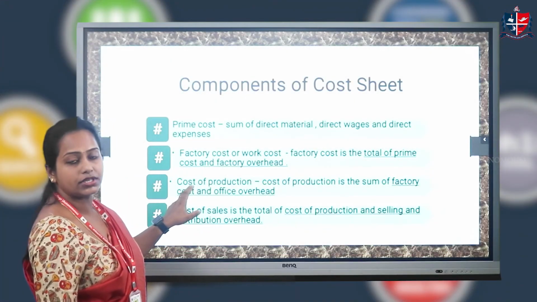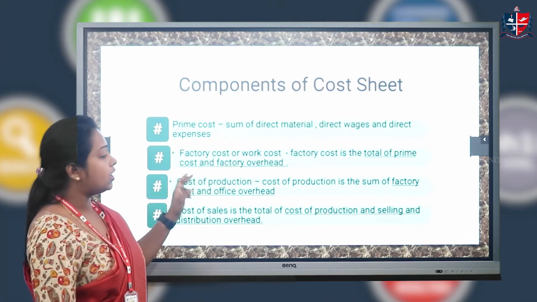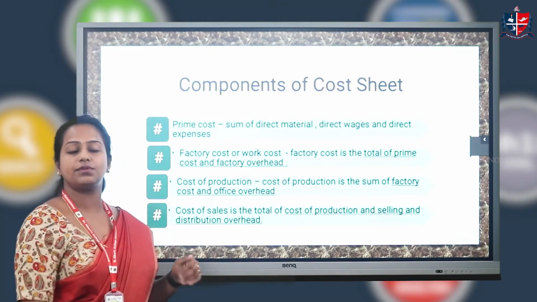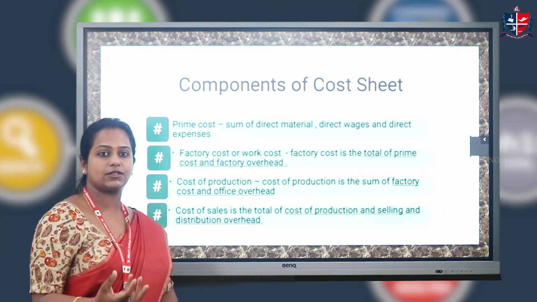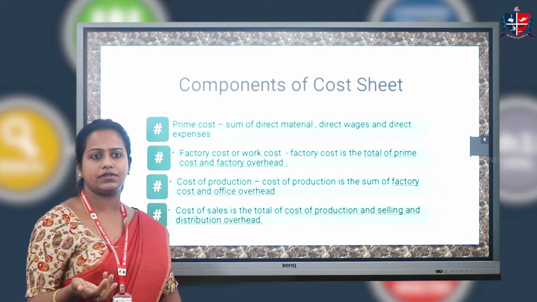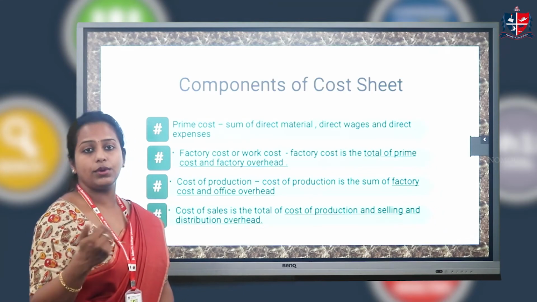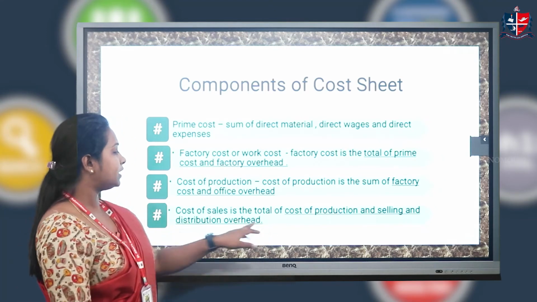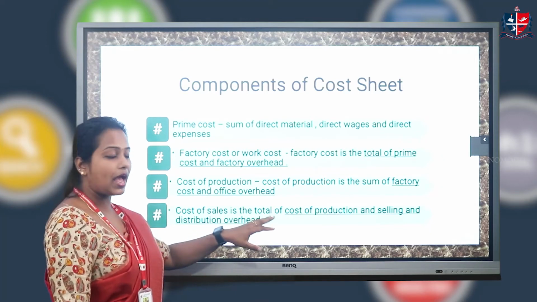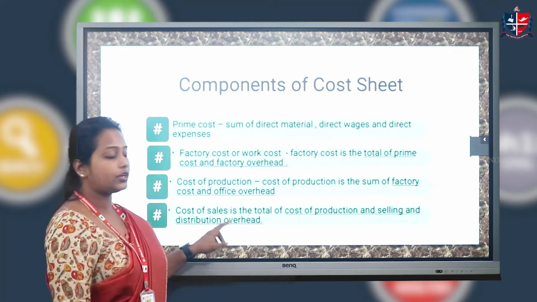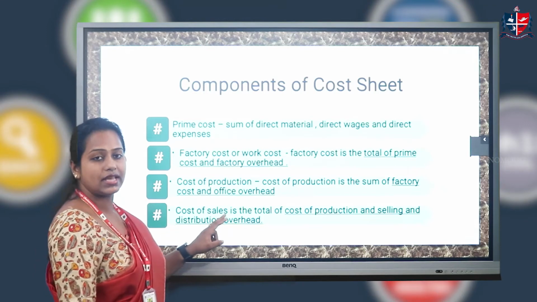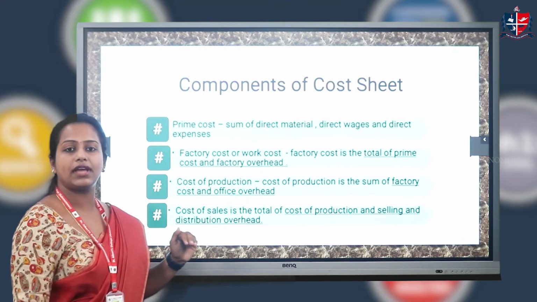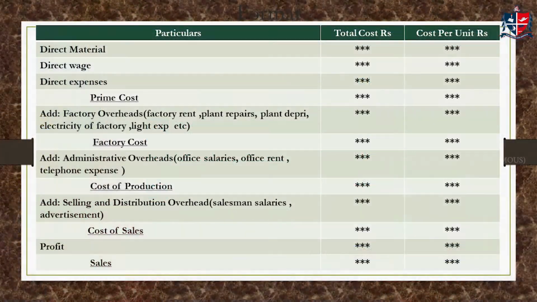Along with it, if we add selling and distribution overheads, meaning selling expenses or distribution-related activities, such as the salesman's salary and advertisement expenses, we get the cost of sales. That is the format that we have to follow while preparing a cost sheet.